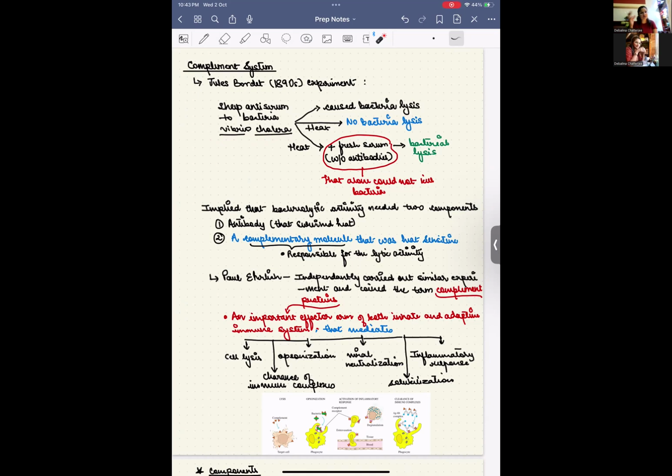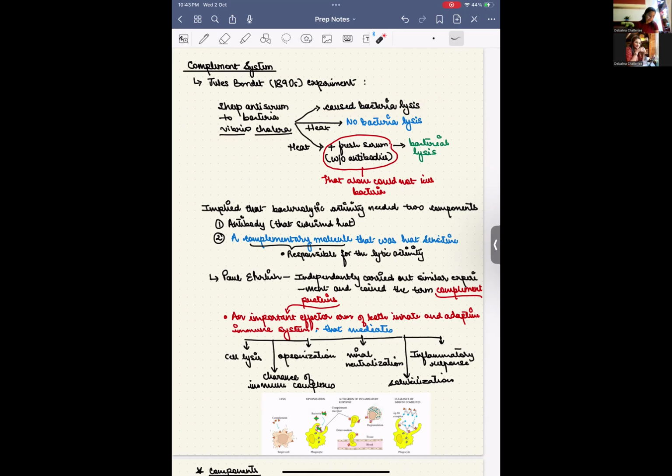So there must be some sort of antibodies in that serum. When he took that serum out and incubated it in vitro with the bacteria, he noticed that there was bacterial lysis. So it was easy to expect that the antibody molecules were there, and they were bringing about the lysis of the bacteria.